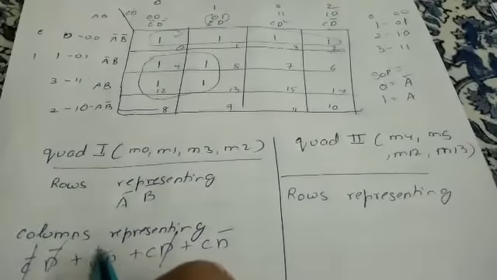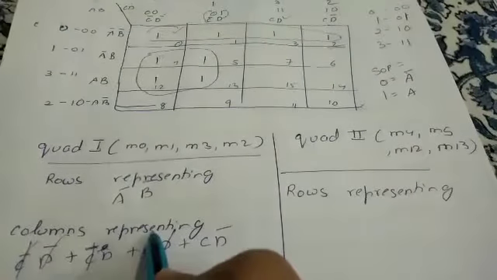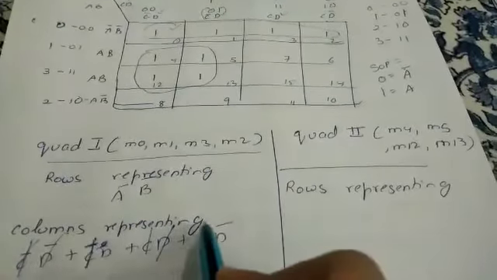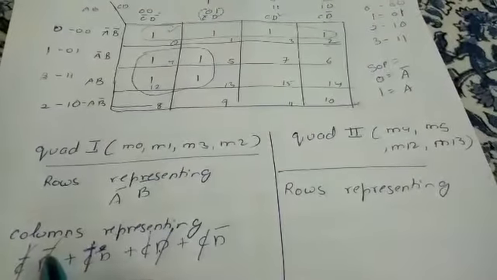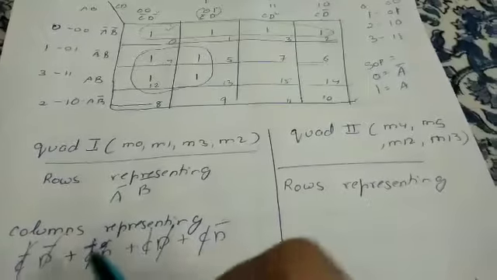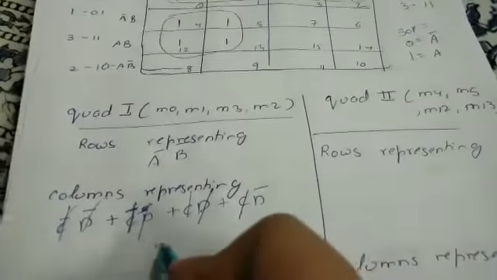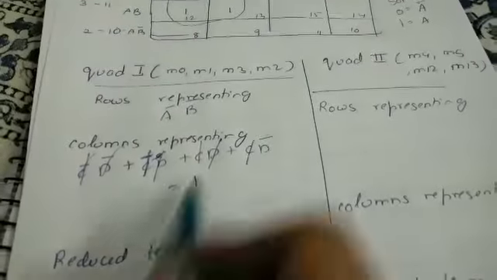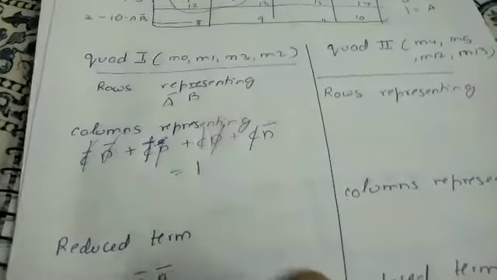This was C naught D. This C naught would be cancelling this C, and this C naught would be cancelling this C. Then this D naught would be cancelling this D, and this D naught would cancel this D. So all the variables get cancelled here. Fine. So you are left with 1. So what's the reduced term for quad 1? The reduced term would be A naught, B naught, 1. Then you have quad 2.